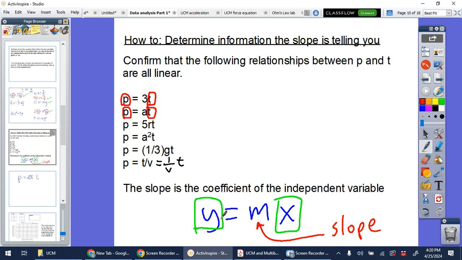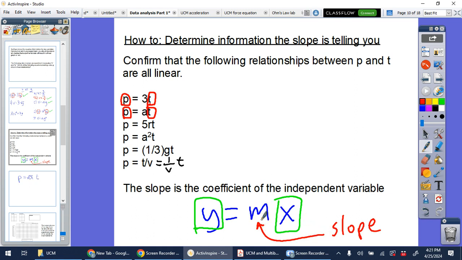Do you see, once again, the formula that we have for linear formulas? Do you see this x variable right here? Whatever's being multiplied by the x variable is the slope. This is called a coefficient. Whatever is being multiplied by x is the coefficient of x, and this thing that's being multiplied by x is the slope.